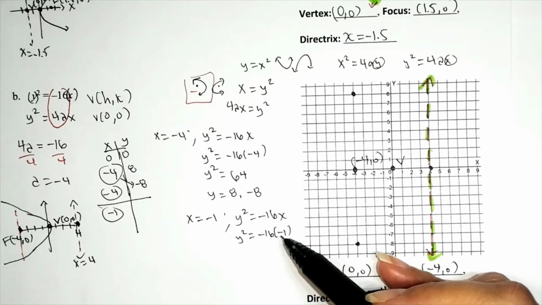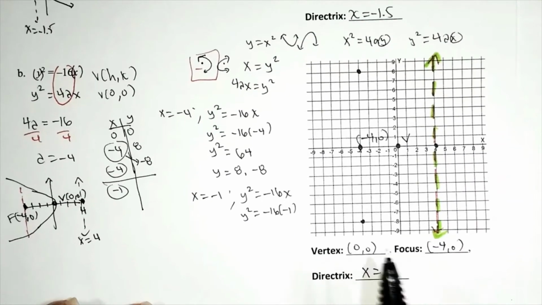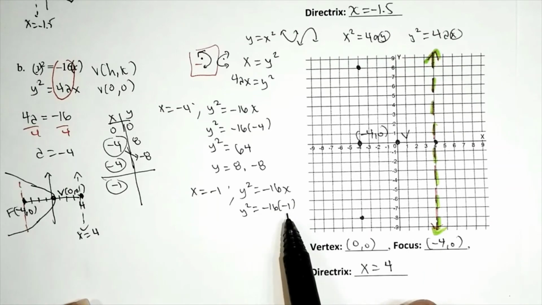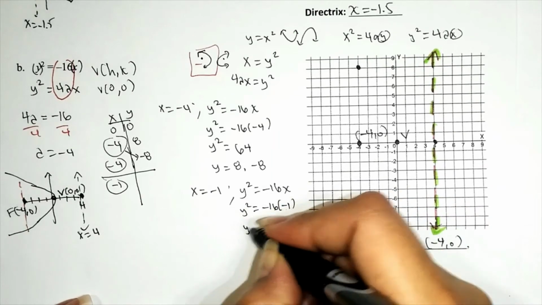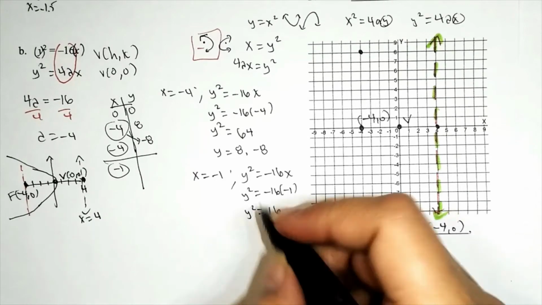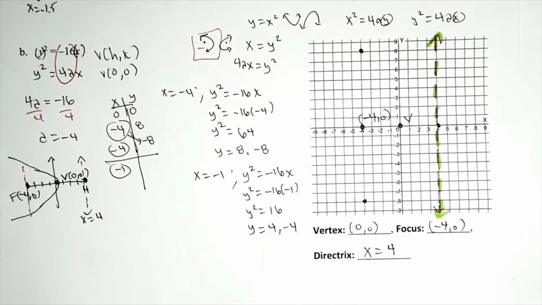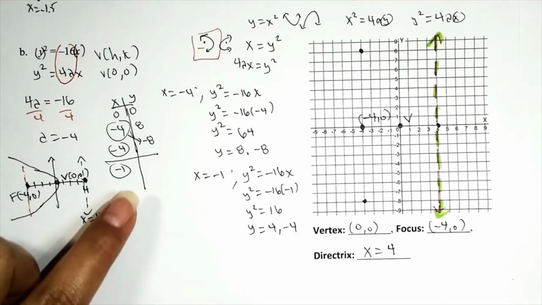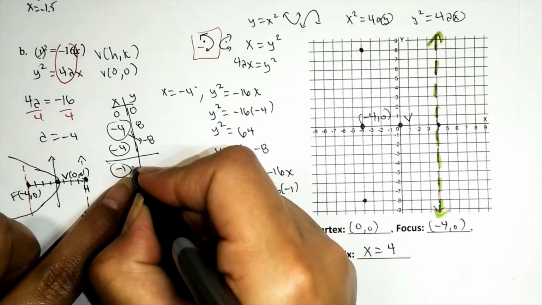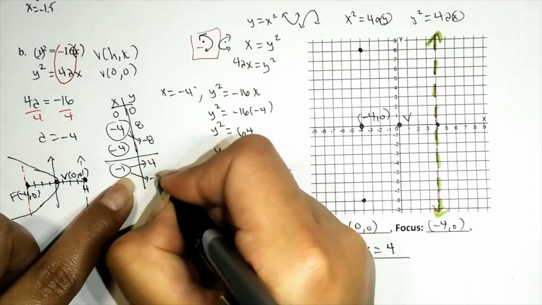The product of -16 and -1 will give us 16. And if we have y squared equals 16, then that will lead to a solution of 4 or -4. So when x equals -1, we're going to have two possible y values, a +4 and a -4.